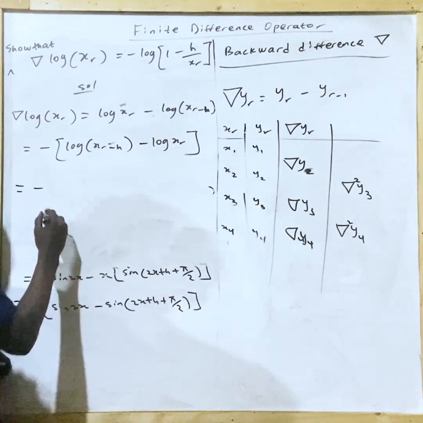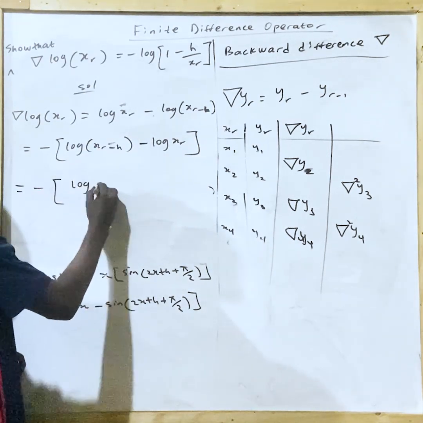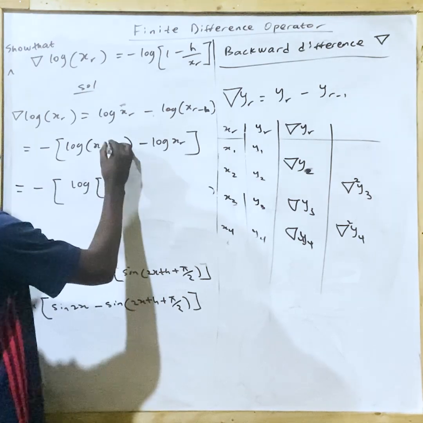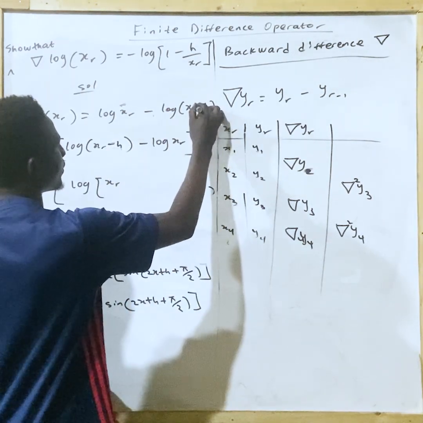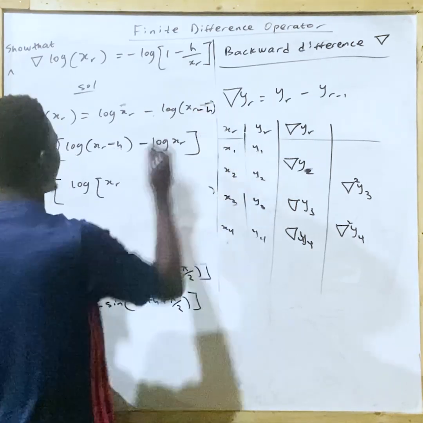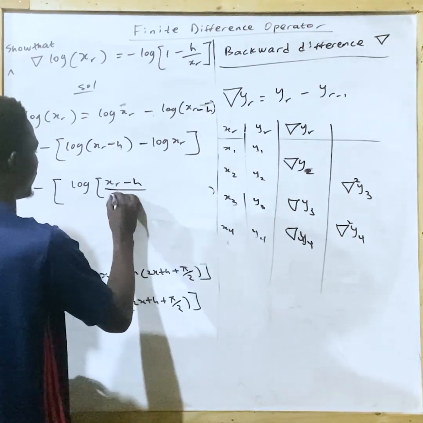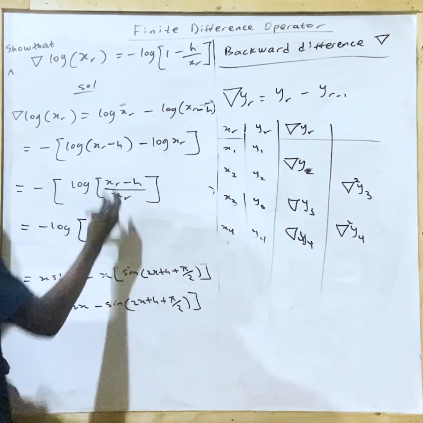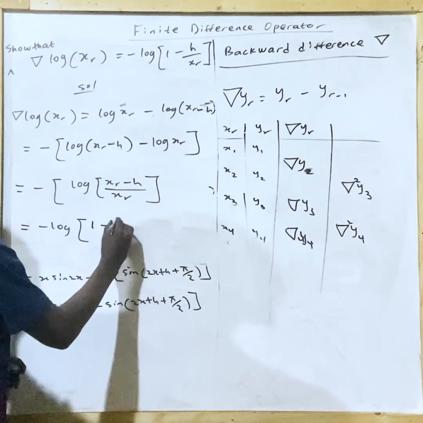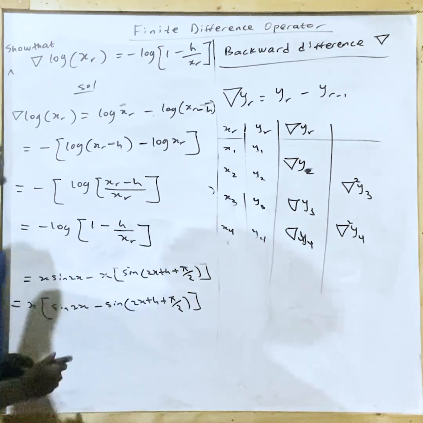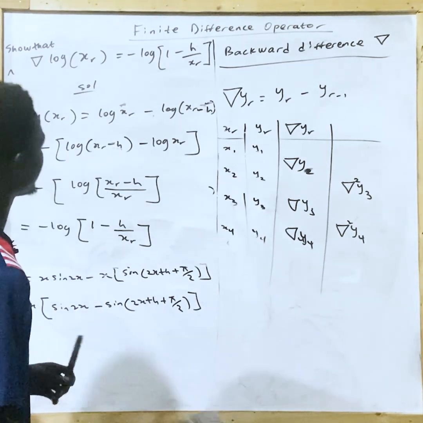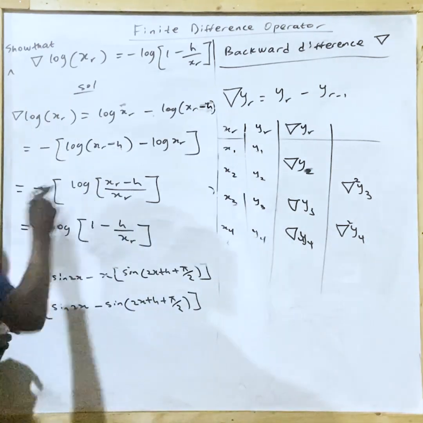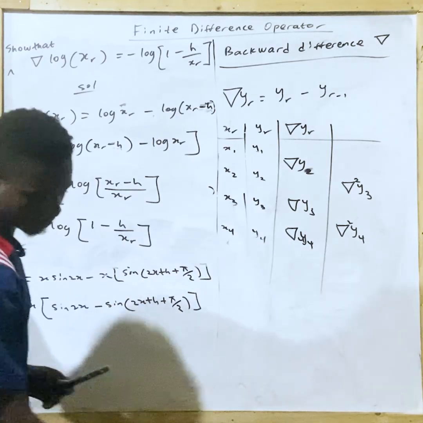So I would have minus, now they can divide each other, log of (x_r minus h) over x_r. In this case, I have minus log, so x_r can divide x_r, so you have 1 minus h over x_r. That is my backward difference. So I've successfully proved this.